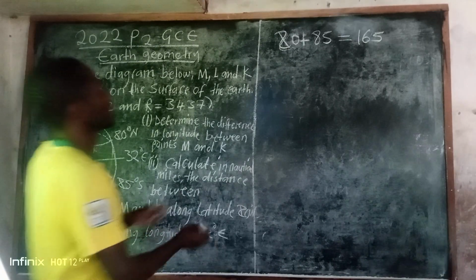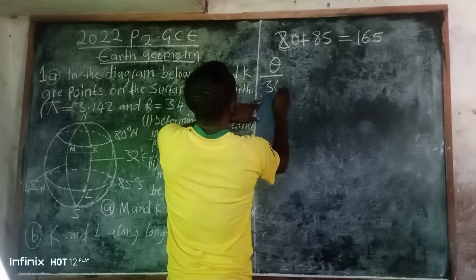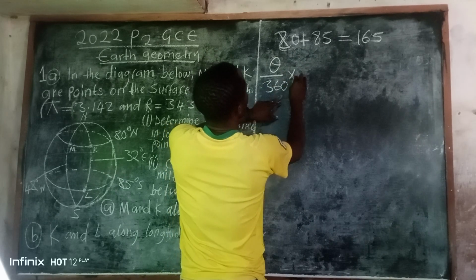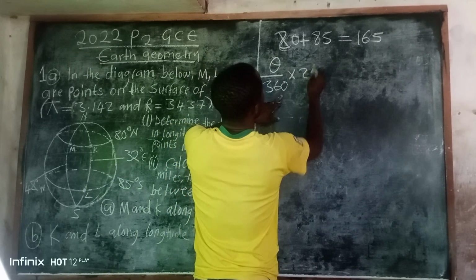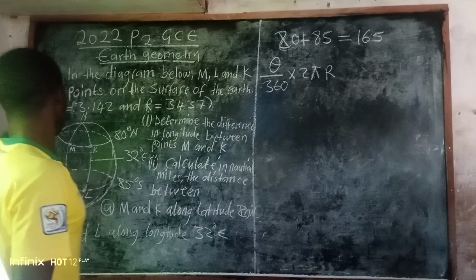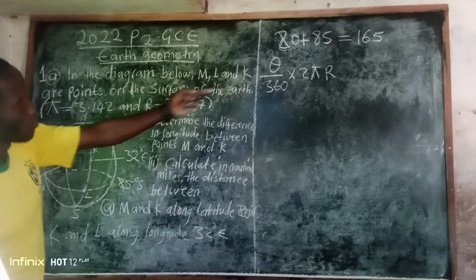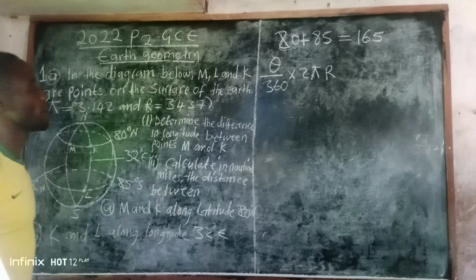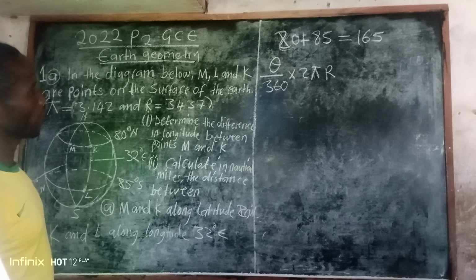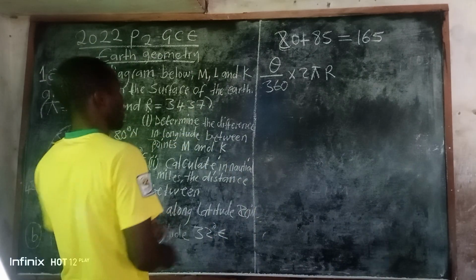So from there now we can introduce the main formula. Theta over 360 times 2 pi r. The distance between these 2 points is along the great circle, so no wonder we are just using the big R there. Okay? So from that point now we can substitute according to the given values.